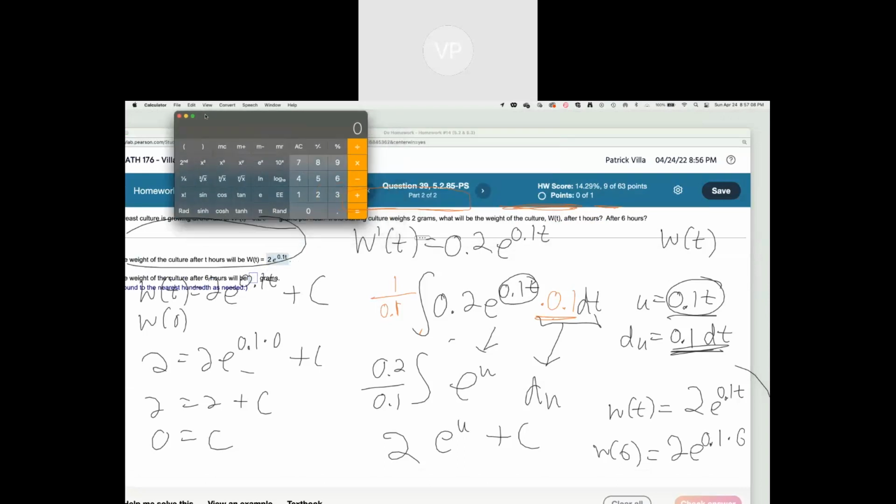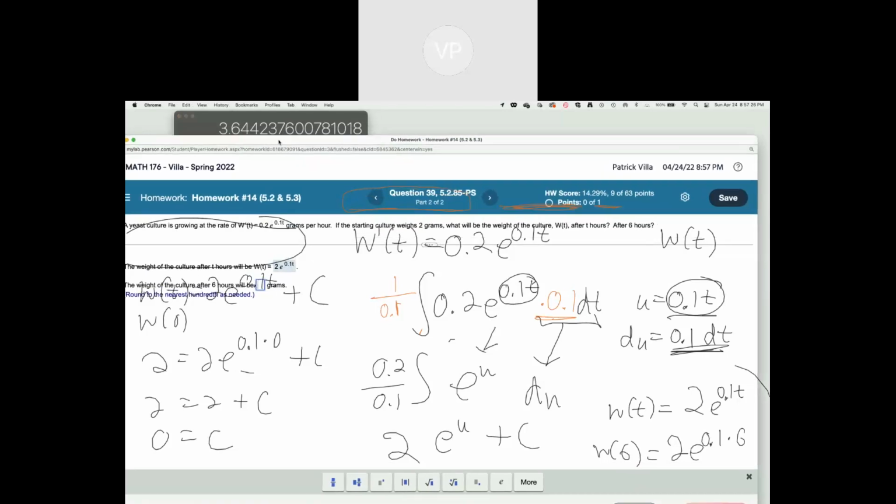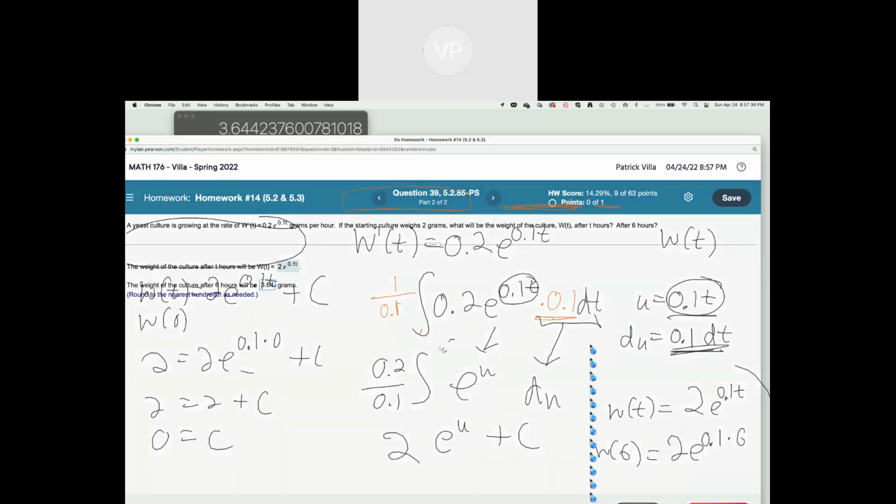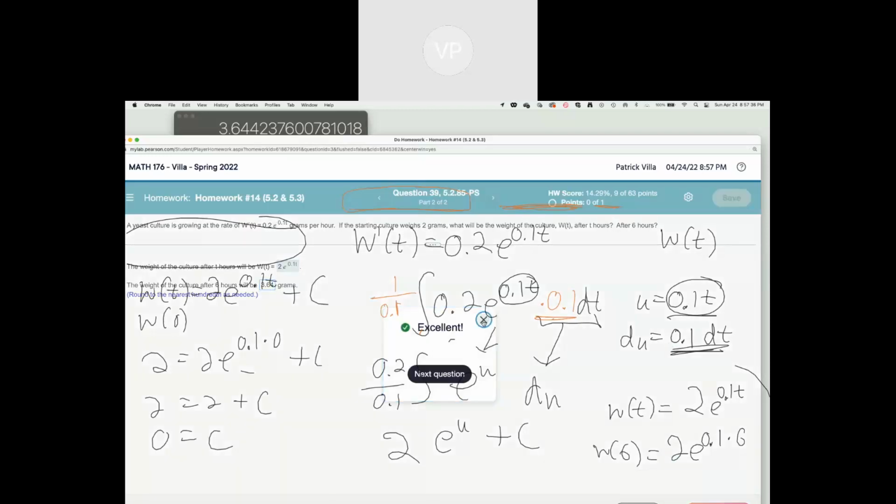So I just got to punch all this in. If you can't do this in your head, go ahead and work it out. 0.1 times 6 gives you 0.6. That's going to be my power of e, and I multiply that by 2. And we get 3.644 and so on. They want this to be to the nearest hundredth, so 3.64. And there's our answer.